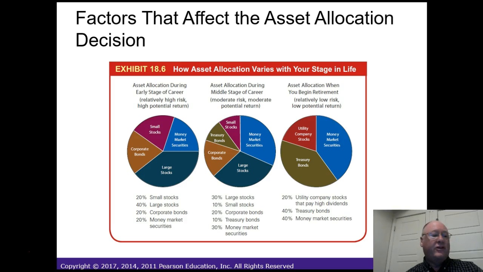Younger investors usually need safer and more liquid securities. In the middle stage, investors may reduce some of their risky assets and hold more safe assets. And as you're nearing retirement, you're definitely going to want to reduce your risky assets even further and allocate more funds towards things like treasury bonds themselves.